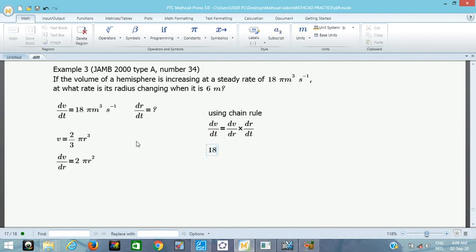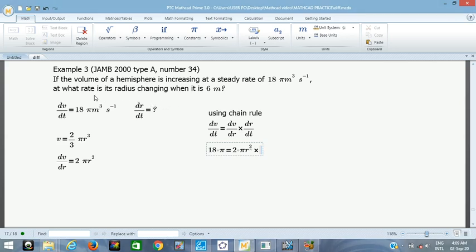We can put the value of pi, but let me just keep the pi first. 18 pi will be equal to dV/dr, which is the differentiation we got, 2 pi r squared, then multiplied by dr/dt.